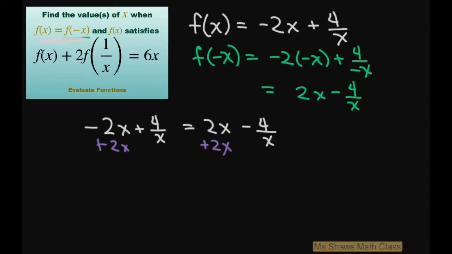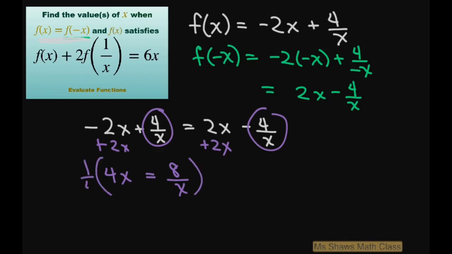So we're going to have 4x equals, and when you add these two together, you're going to get 8 divided by x. So they have the same common denominator. So we can multiply through by 1/4, and that's going to give you x equals 2 divided by x. You cross multiply, you get x squared equals 2.